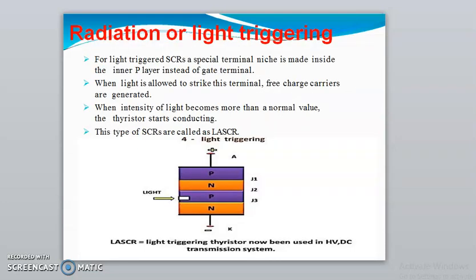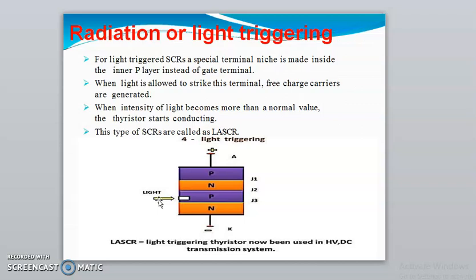Then is the radiation or light triggering. In this method, the external energy is imparted by radiation. The SCR is bombarded by energy particles like neutrons or photons. A special terminal is used inside the inner P layer. Here you can see with the help of this arrow. Now when the light is allowed to strike this terminal, what will happen?